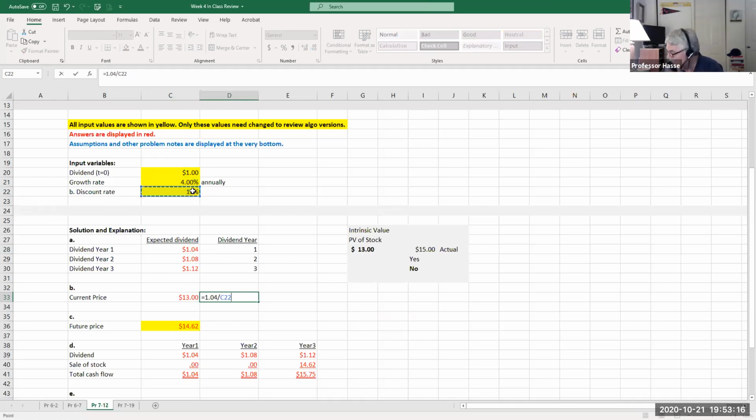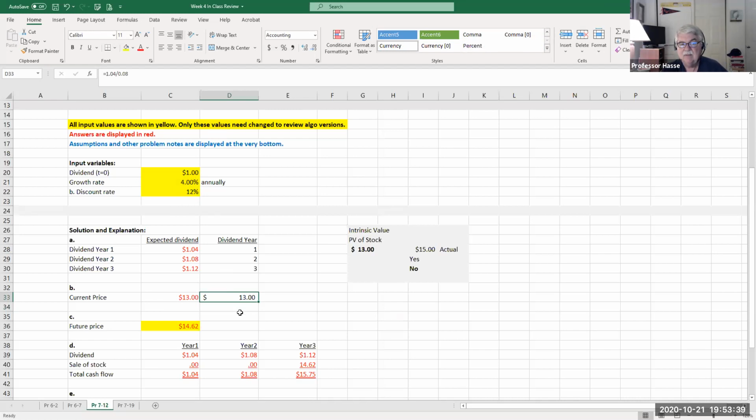The investors expect 12% return. We'll get into that calculation in a couple chapters. And the company has indicated in their prospectus or their planning a 4% growth. The difference between those two numbers is 8%. What's my stock price, present value? $13 a share. That's how I got this number here.